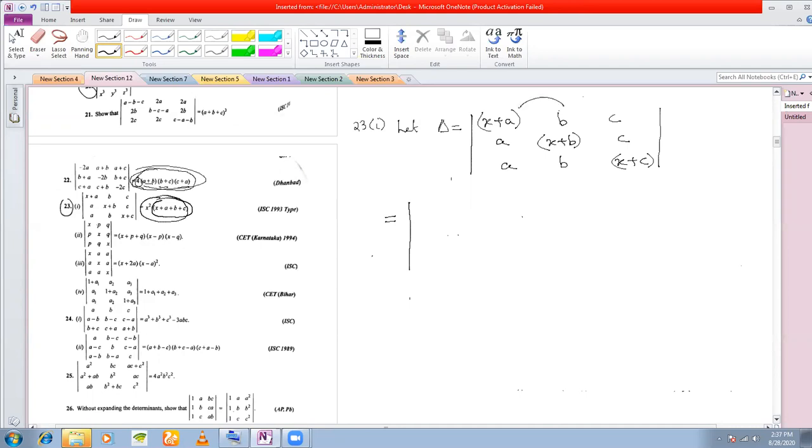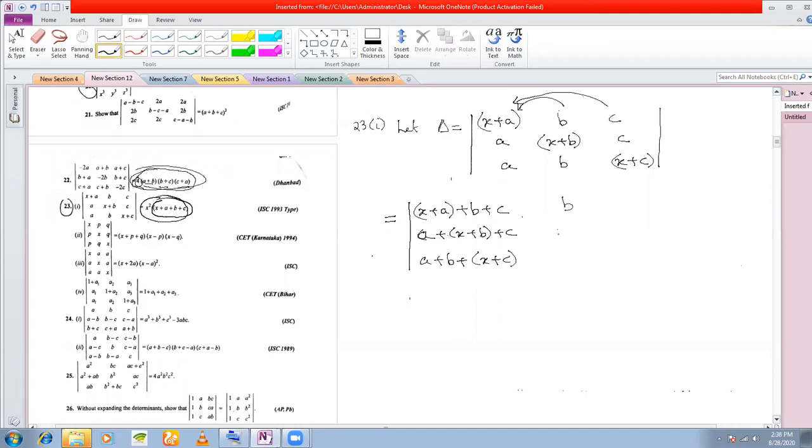See, if I add these entries together, I will get x plus a plus b plus c. Yes, sir. So I add: a plus x plus b plus c, and a plus b plus x plus c.